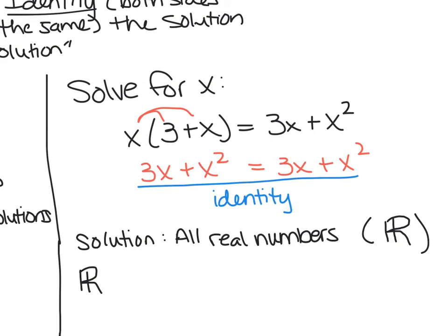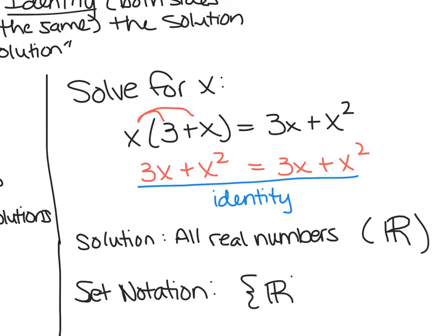But it's just an R with an extra line in it. And it stands for all real numbers. So if we wanted to do this with set notation, we would just want to put in our brackets all the real numbers.